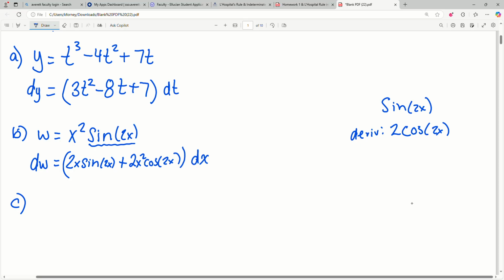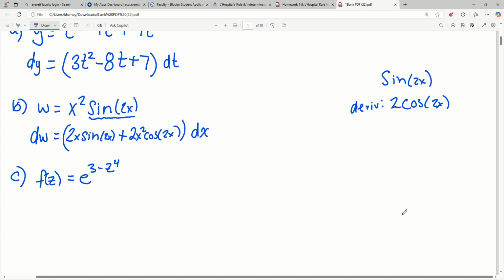Then looking at the function f of z equals e to the 3 minus z to the 4. Now you do have to apply the chain rule.